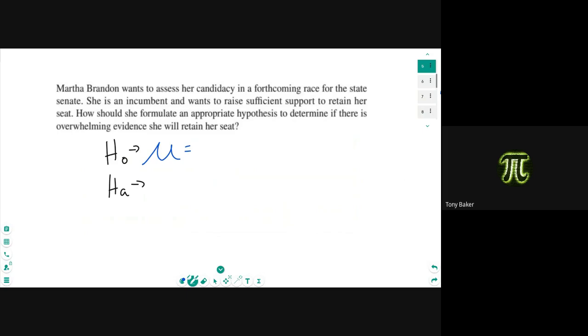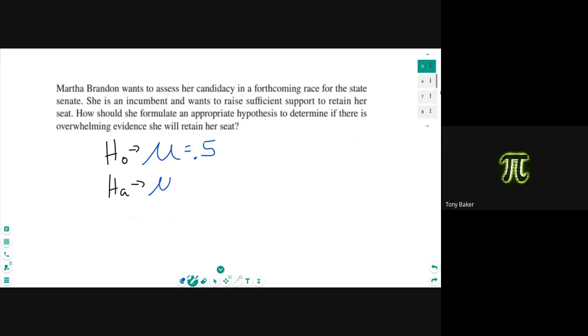Right. So perfect. This is actually a very important thing. You might want to say that the null hypothesis is greater than 50%. But the null hypothesis has to be equal. So in this case, my null hypothesis is 50%, or 0.5.